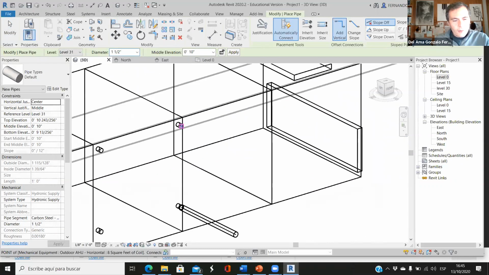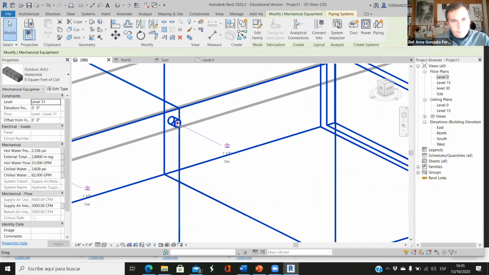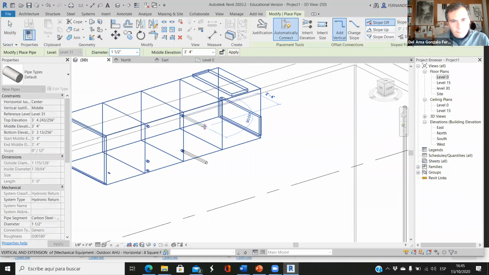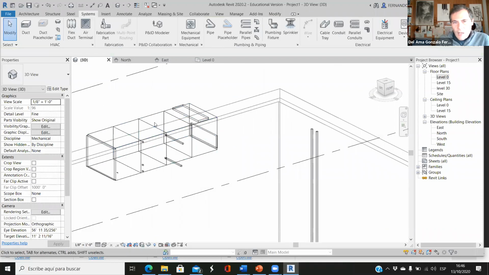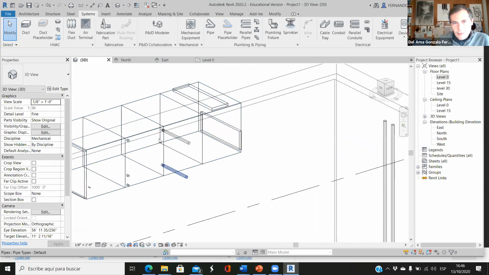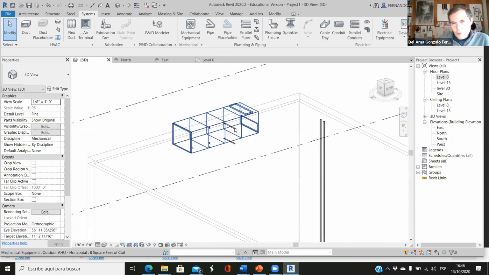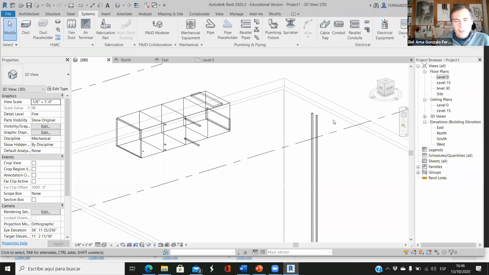And here we can draw another one. Okay, so somehow we have to connect. This is the heating coil, and that comes from the boiler. So we have to connect these 2 pipes to these 2 pipes.